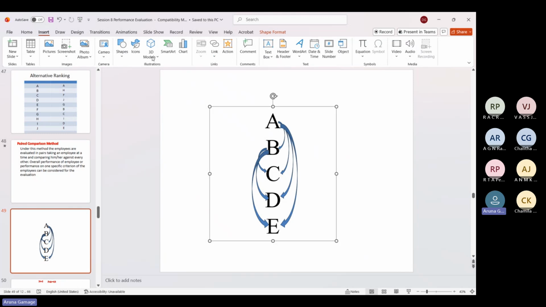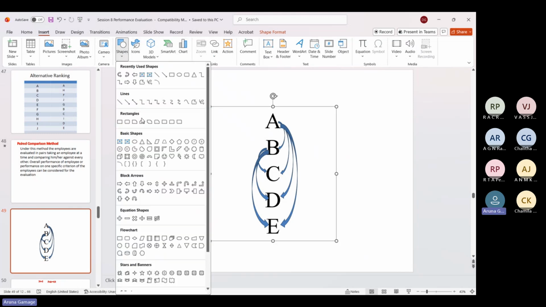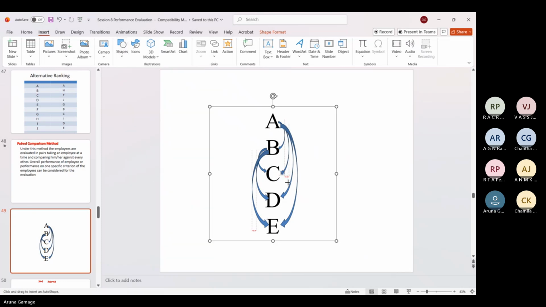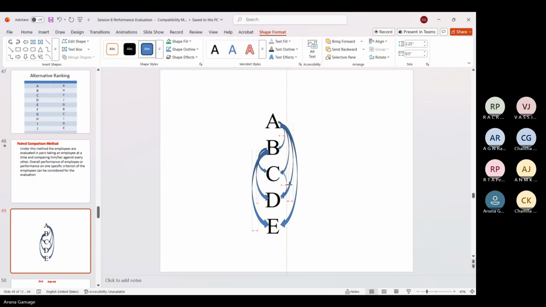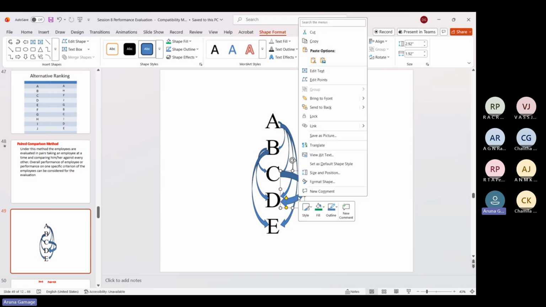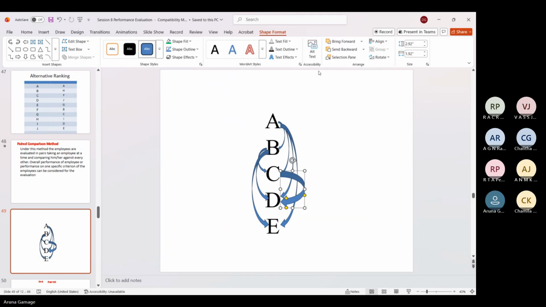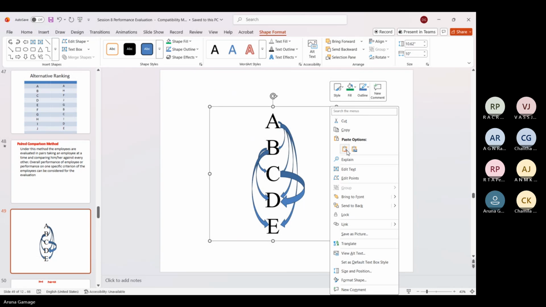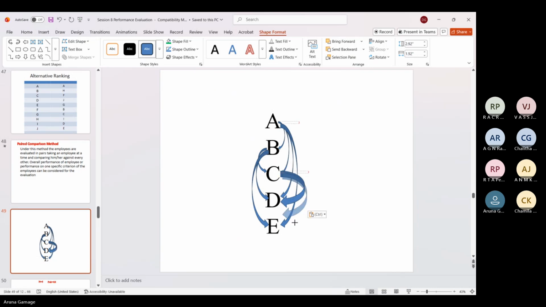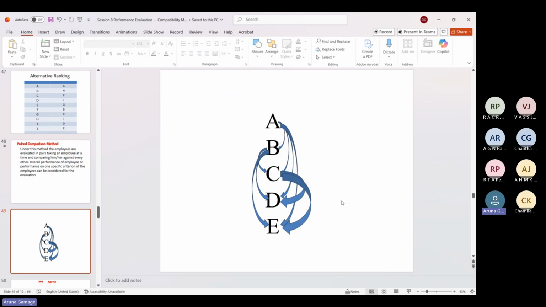Then I have to compare C with D, and C with E. Now I have compared A with all the others, B with all the others, C with all the others.